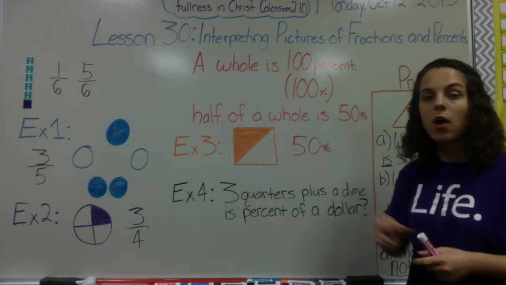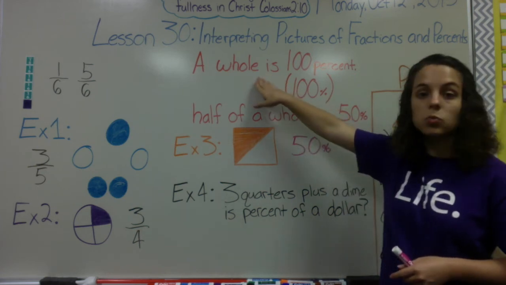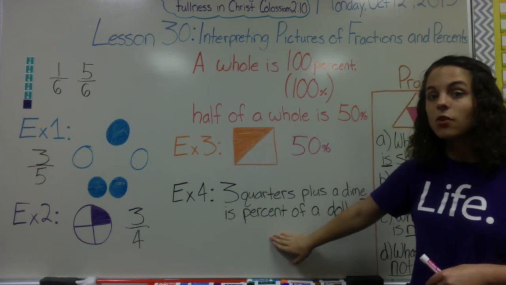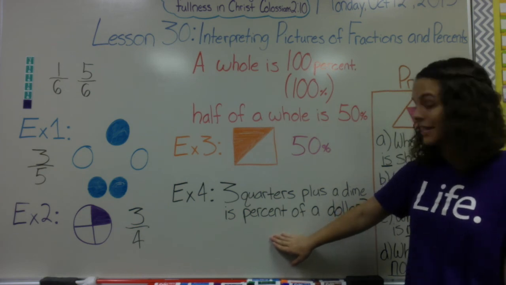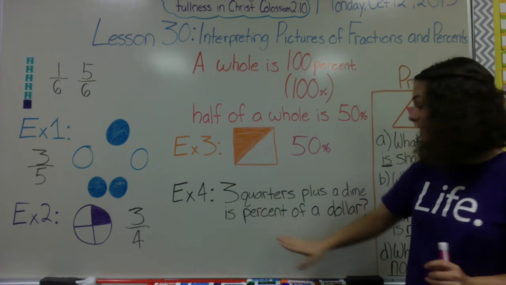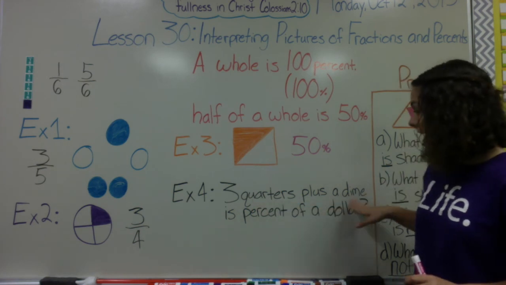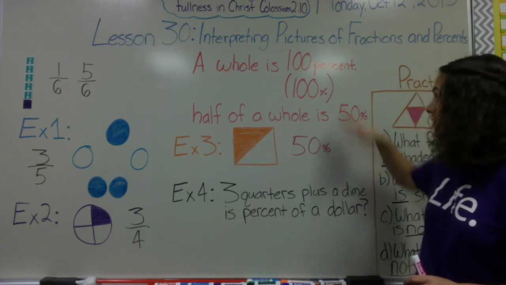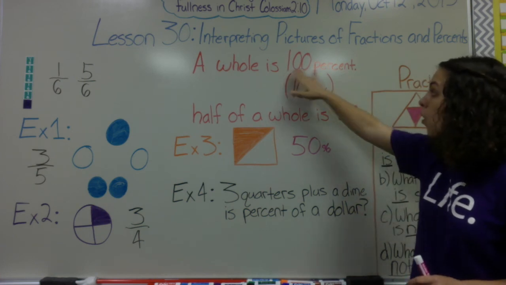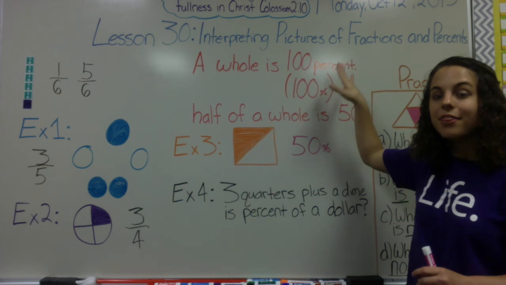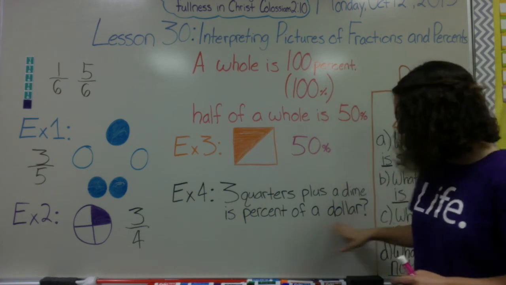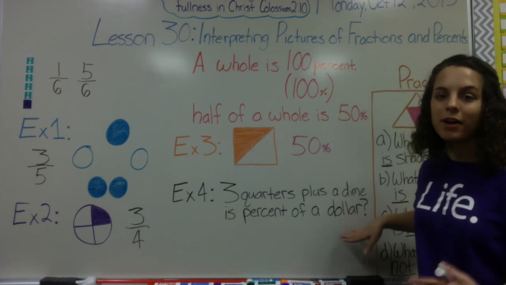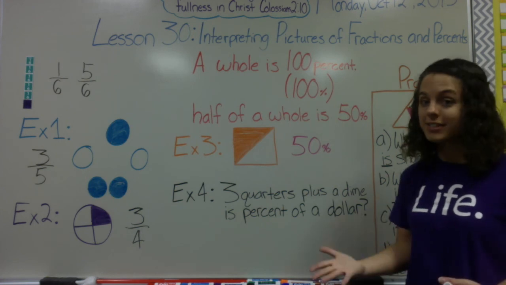Now, thinking about this statement here, a whole is 100%. Think about that for example 4, because this is going to be relating to money as far as cents. 3/4 of a dollar plus a dime is what percent of a dollar? Now if I know that a whole is 100%, think of it as how many cents equals a dollar. What is a whole dollar in the amount of cents? I have 100 cents.